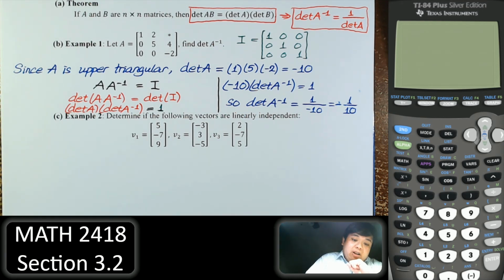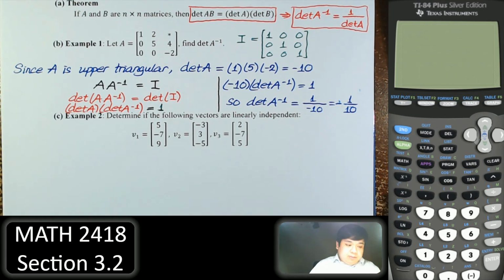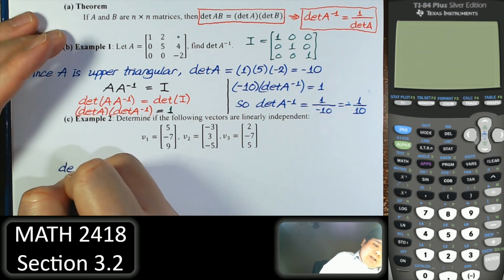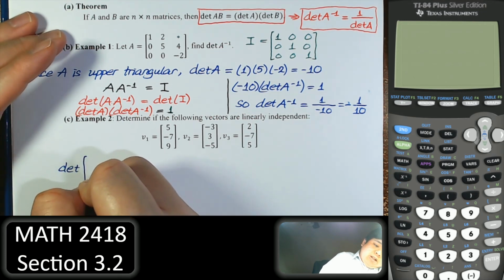Determine if the following vectors are linearly independent. Well, we just pretty much put everything in a matrix. We say if it is linearly independent, then the determinant is not going to be equal to 0. So we just pretty much find determinant. So we just say determinant of that matrix.